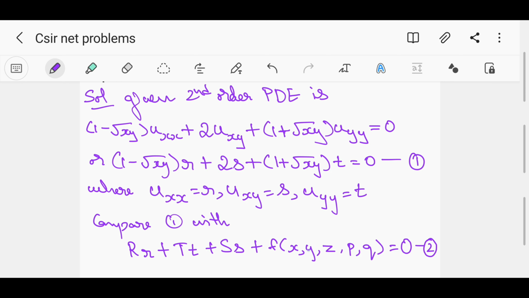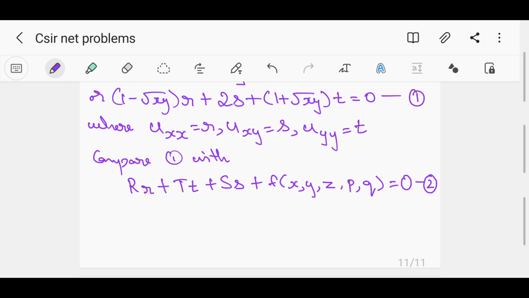Since it is a partial differential equation, you will have many independent variables with respect to the dependent variable. So comparing equation 1 with equation 2, what are capital R, capital S and capital T?